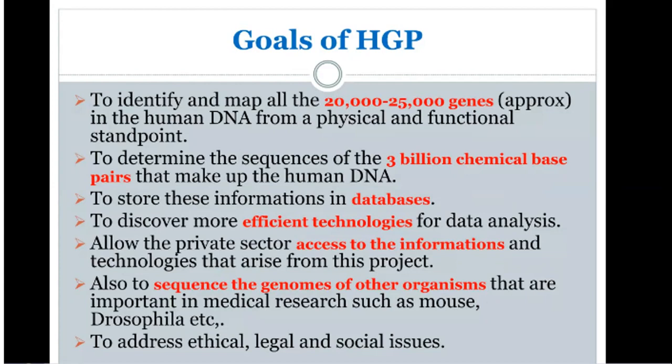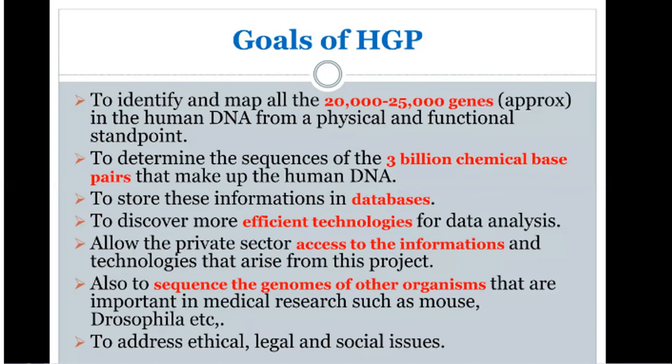The second aim was related to the nitrogenous bases: in humans, about 3 billion chemical bases make up the DNA. As you know, a gene is part of the DNA, and both are made up of nitrogenous bases. The aim was to sequence those 3 billion nitrogenous bases.